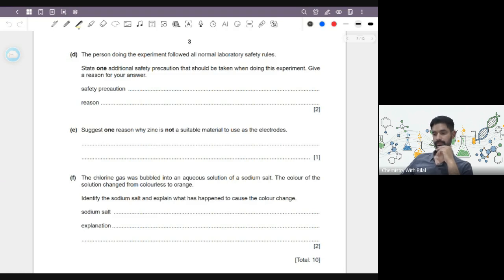Safety and the reason why zinc is not a suitable material to use as an electrode, and the chlorine gas was bubbled. The color of the solution changes from colorless to orange. Identify the sodium salt and explain what happened, the cause of the color change. A very important 5 marks.